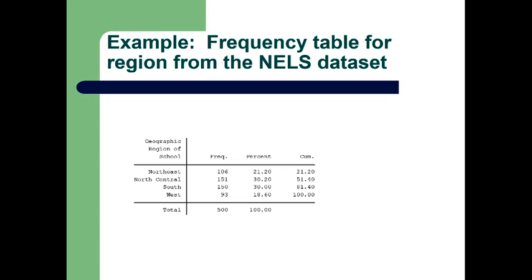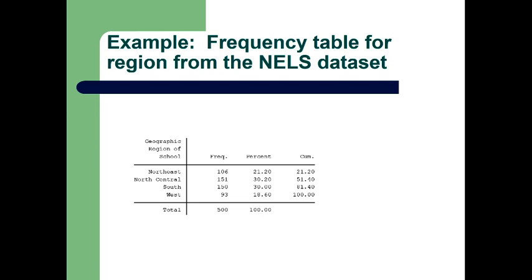So if you look at the region south, you can see the count of students in the column. This represents 30% of the data set. In total, the students from the northeast, north central, and south, the first 3, represent 81.4% of the data.